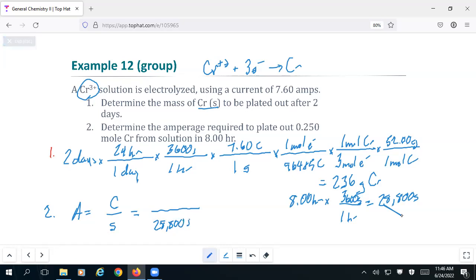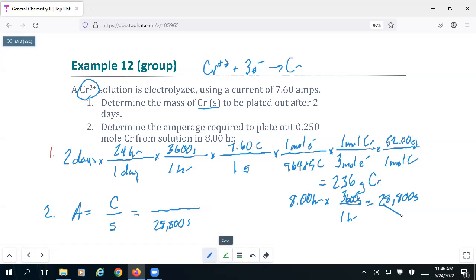For the coulombs, that's where I'm going to have to do a little bit more thinking. Where I need to be thinking is in this part of the reaction, where I take my moles of chromium, turn them into moles of electrons, and turn the moles of electrons into coulombs.